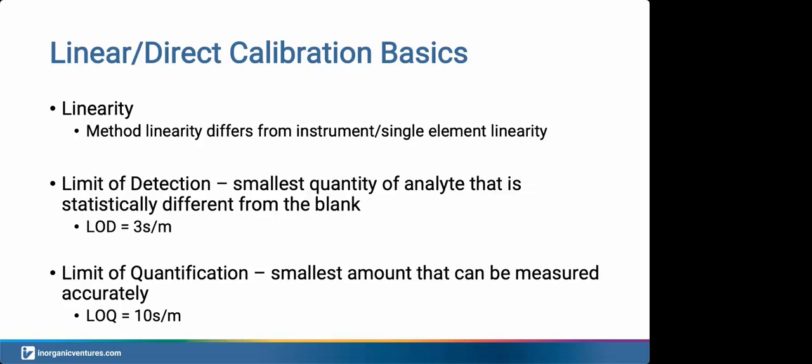Here, we're concerned about more than just seeing the analyte. We want to measure that analyte accurately, so the value is approximately 3 times higher than that of the LOD. The LOQ is calculated as 10 times the standard deviation of the blank divided by the slope of the calibration curve.